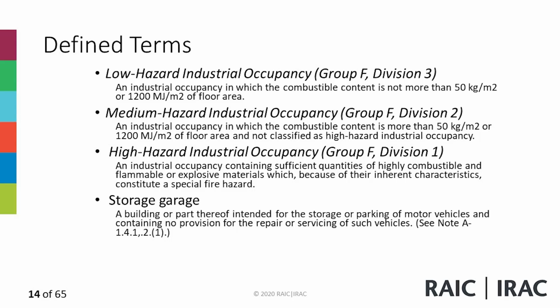We may have accumulation of dust within certain industrial manufacturing areas, and it can create explosive conditions. So it might not be highly combustible, it might be highly combustible, but depending on their use and the conditions, the situation within that industrial occupancy would lead us to a Group F Division 1 occupancy.